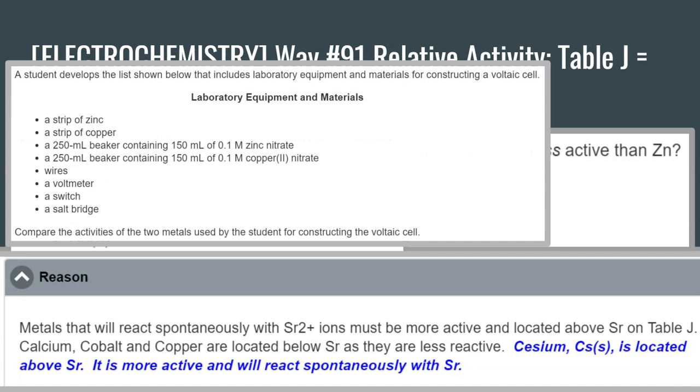The student develops a list shown below that includes laboratory equipment and materials for constructing a voltaic cell. Compare the activities of the two metals used by the student for constructing the voltaic cell. So, of the listed ingredients, which ones are metals and how do those metals compare in terms of their activity?